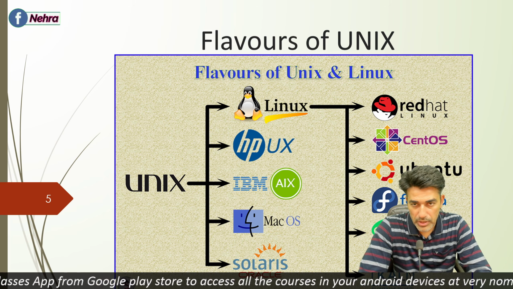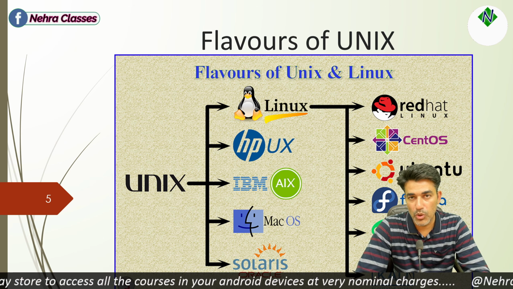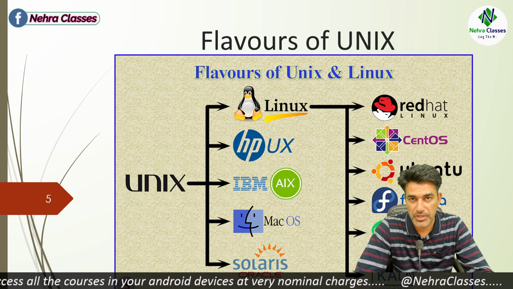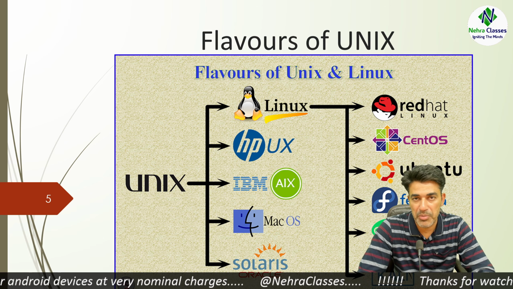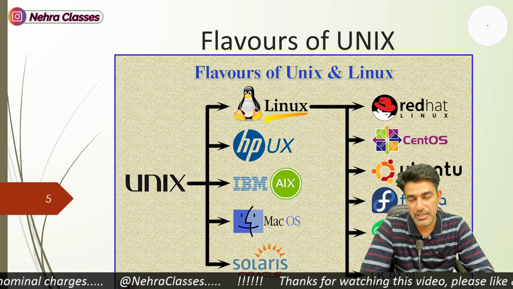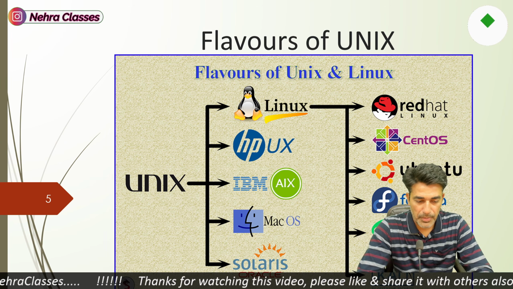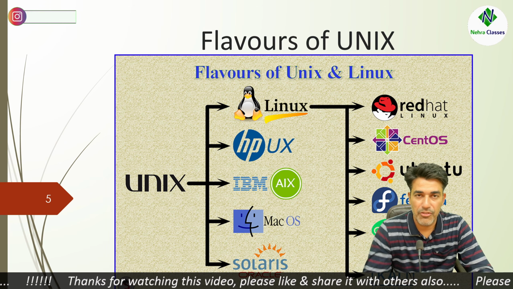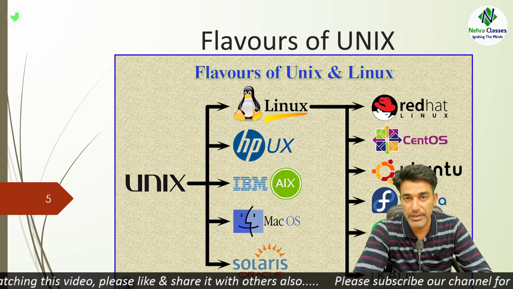In the Debian community, we use .deb files for the software. In the Fedora based community, we use .rpm files. We will talk about their differences in detail in the upcoming sessions. So here you can see we have multiple communities which are actually developing Linux.